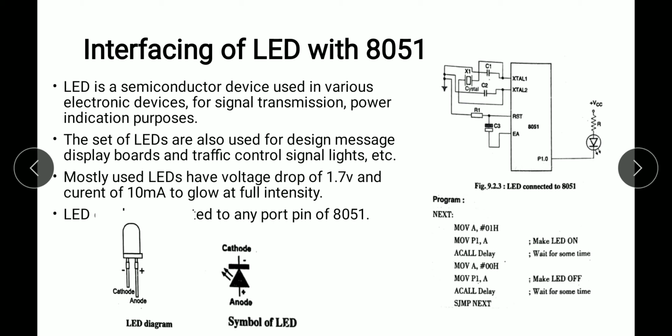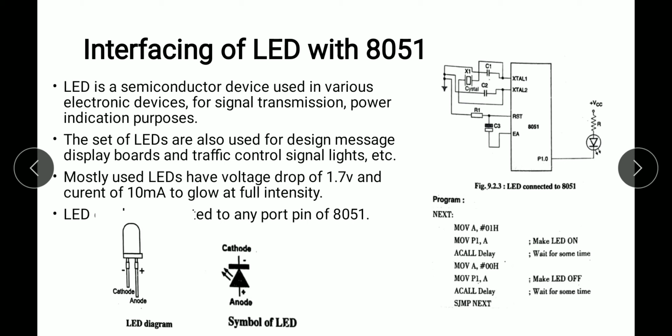The program for the LED is to glow the LED, and make the LED turn off and on. This is the label, next. After that, MOV A, #01H means 01 is moved into the accumulator.